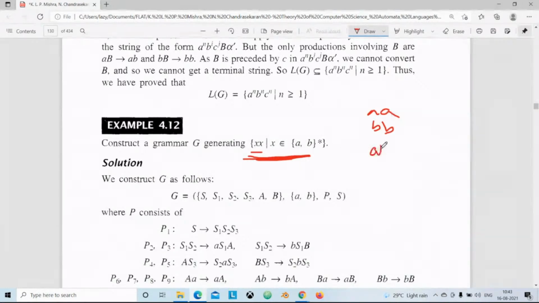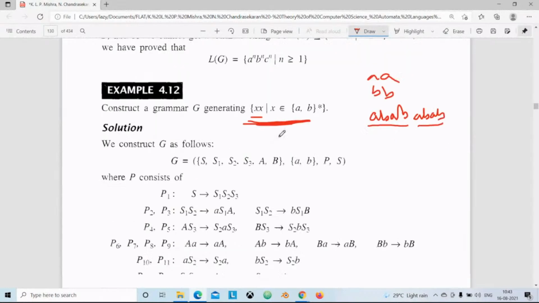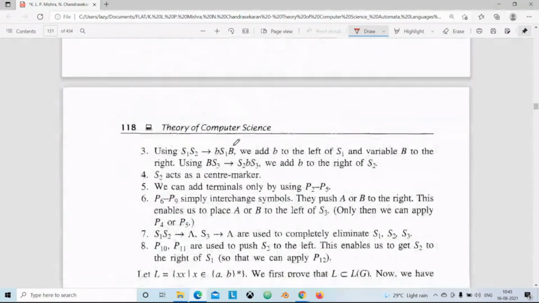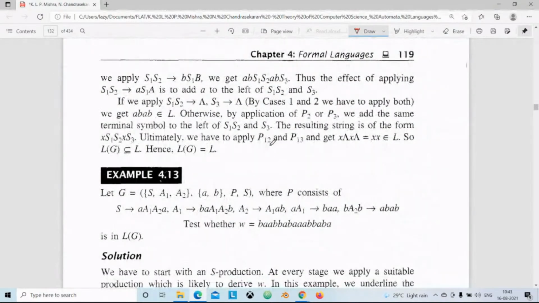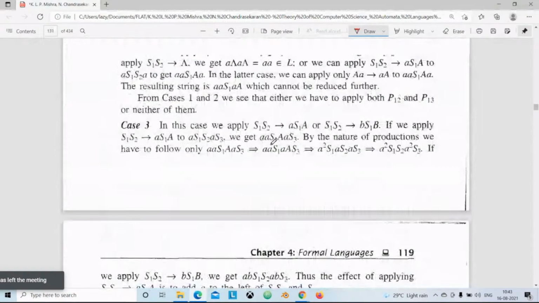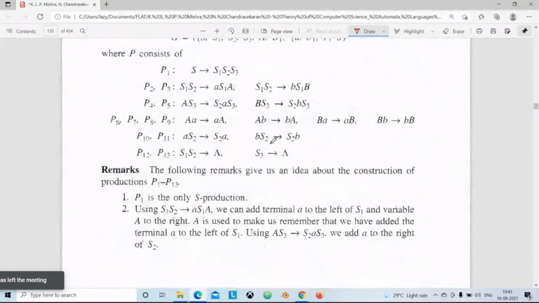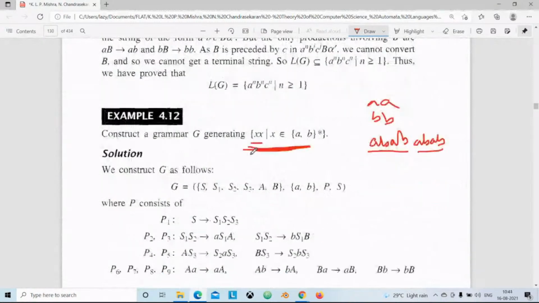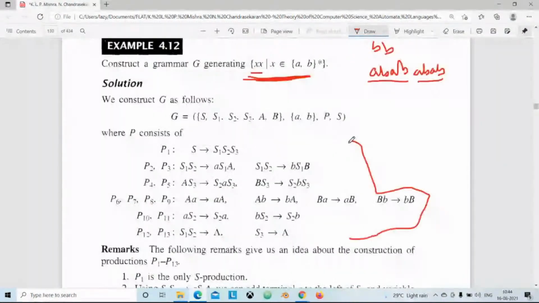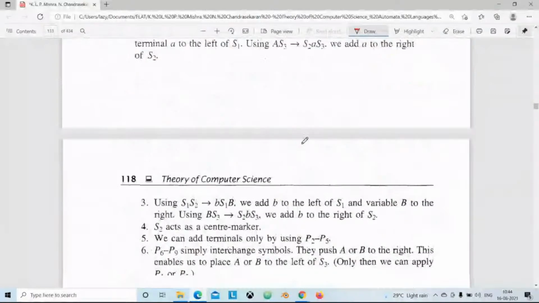Let's suppose it is a b, then what will come? a b a b like that. Let us check. For this we have the productions. These are the productions which are there. You can check whether you are getting the same thing or not.